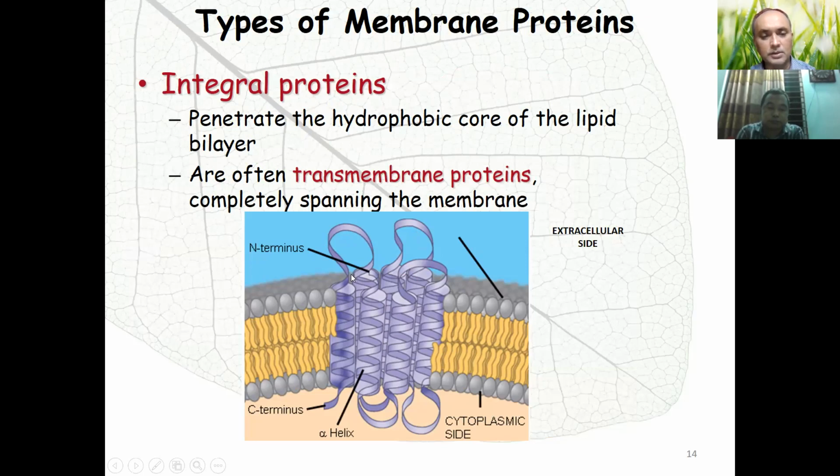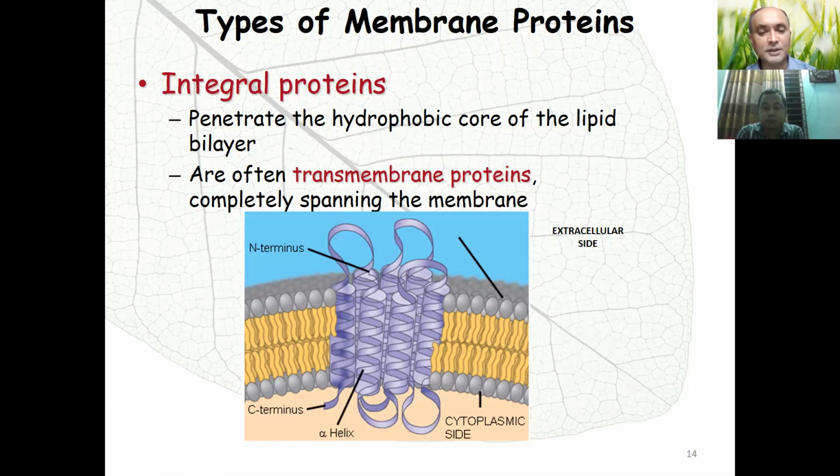They are called transmembrane proteins. N terminus is here and C terminus is here. This type of membrane protein is like the G protein coupled receptor. They function as a receptor of external signals. So they are very important.